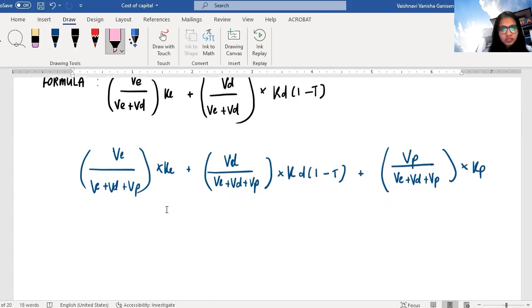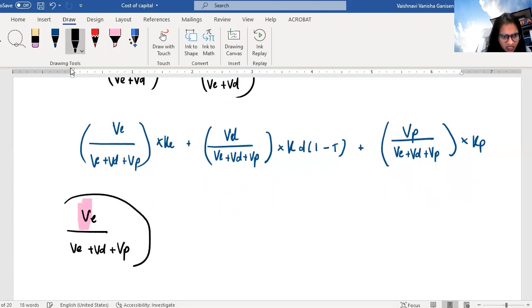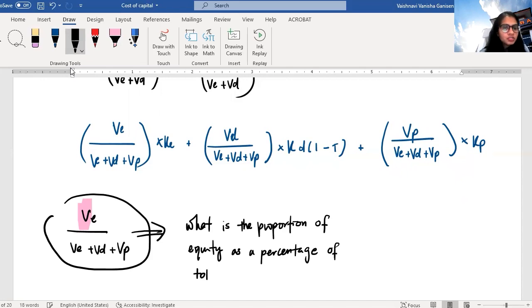So basically, you can see when you calculate VE over VE plus VD plus VP, you are calculating the proportion of equity as a percentage of total sources of finance.